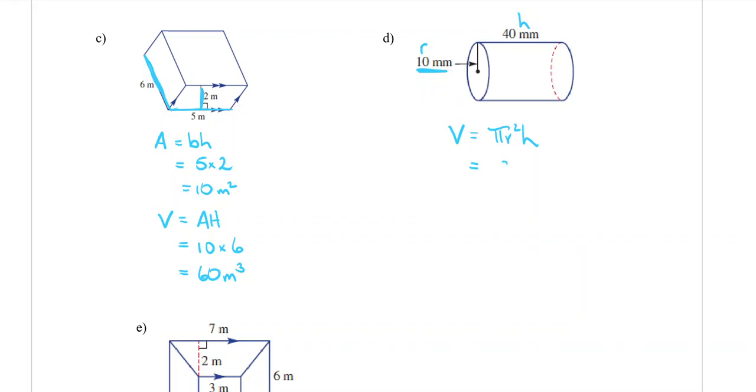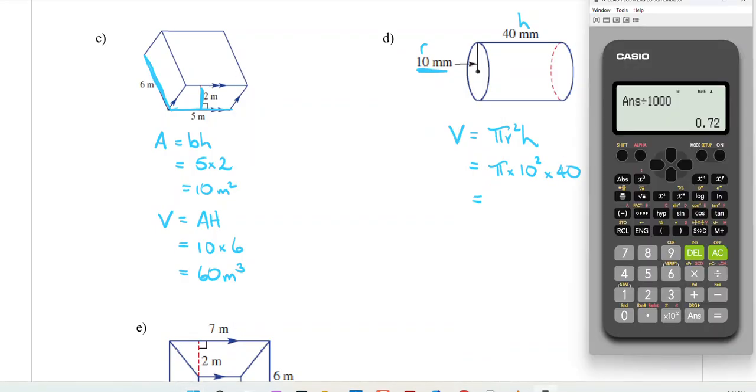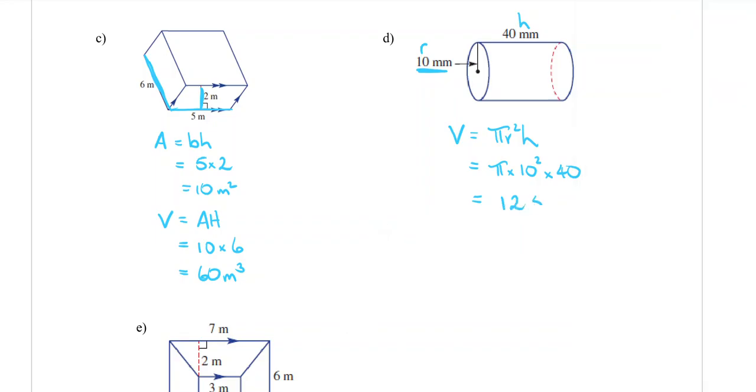So subbing that in, we will get pi times the radius, which is 10 squared, times the height, which is 40. Type that into your calculator, and remember, anything involving pi will need to be rounded. So 10 squared times 40. We're going to do 2 decimal places, which makes that 12,566.37 millimeters cubed.